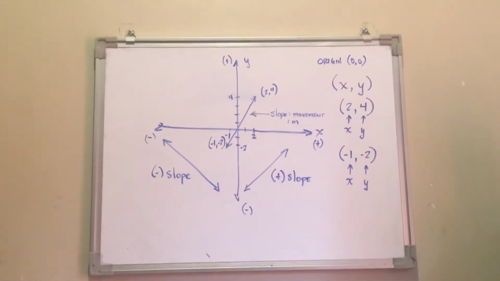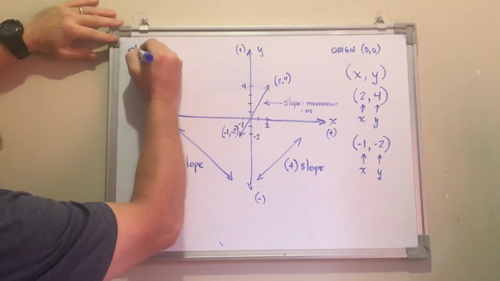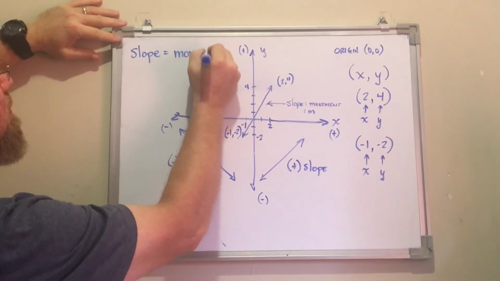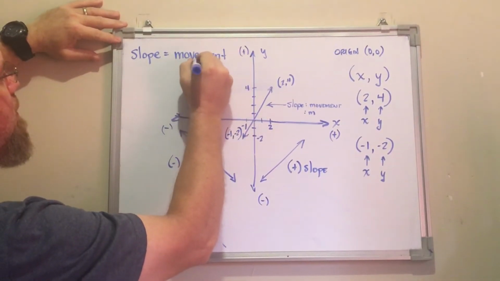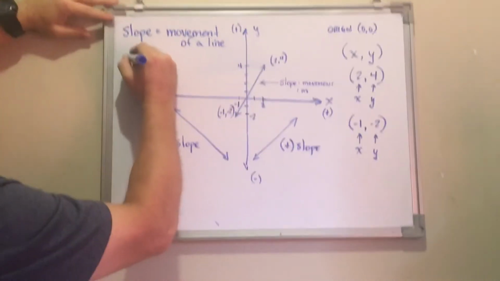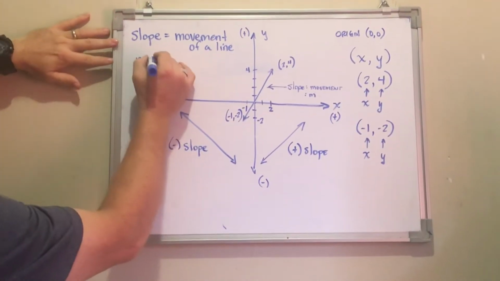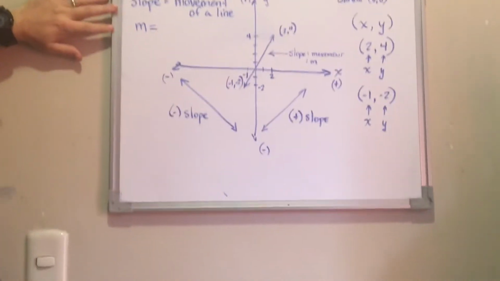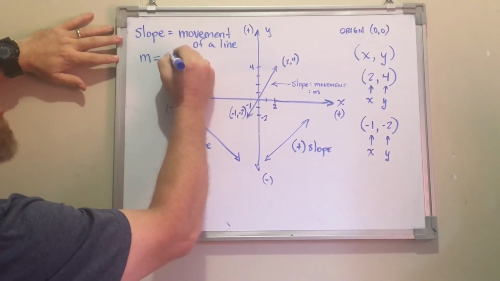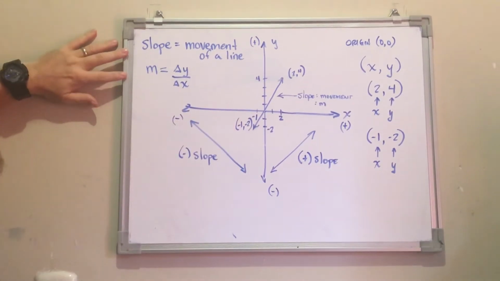All right? Now, what is slope? Well, slope equals the movement of a line. So therefore, we use the term M for movement of a line to be slope. And we also learned that it is the change in the y value over the change in the x value.